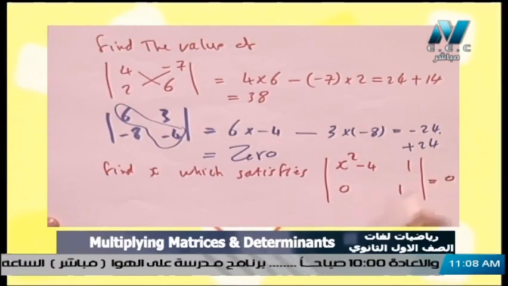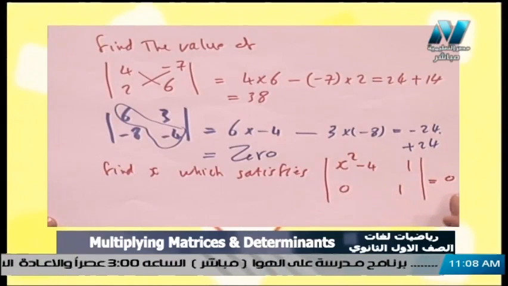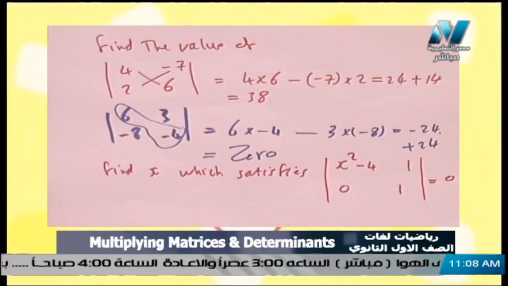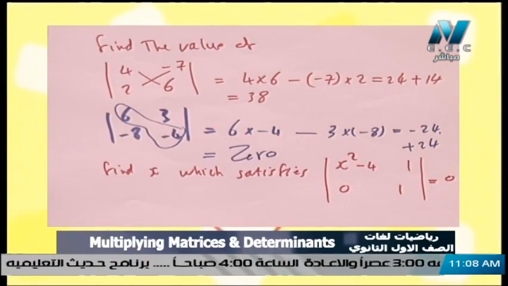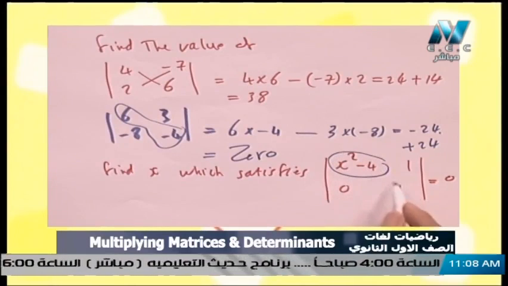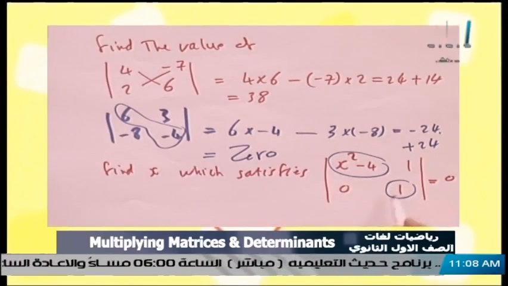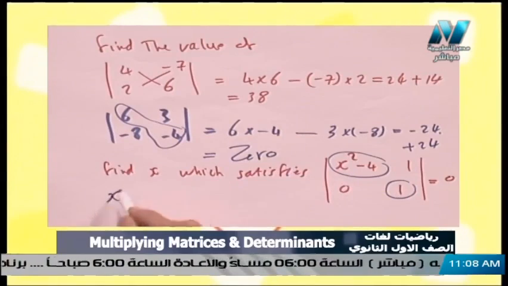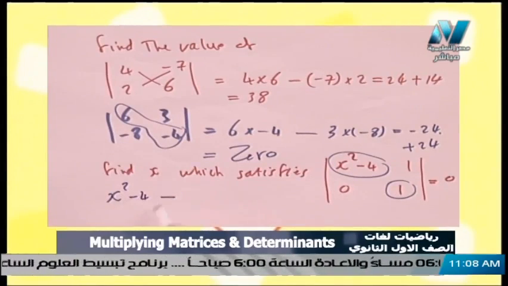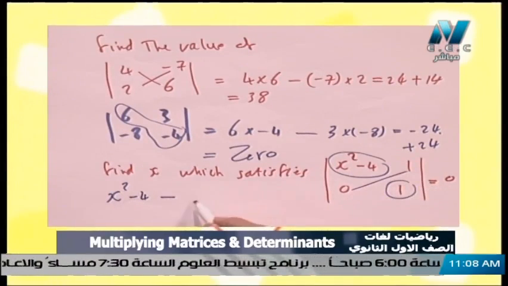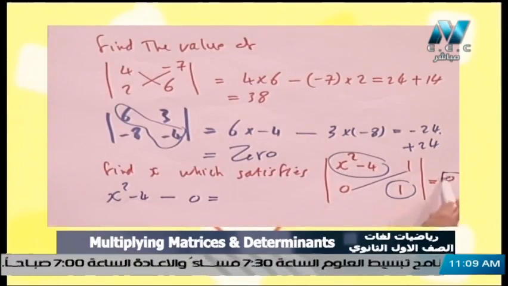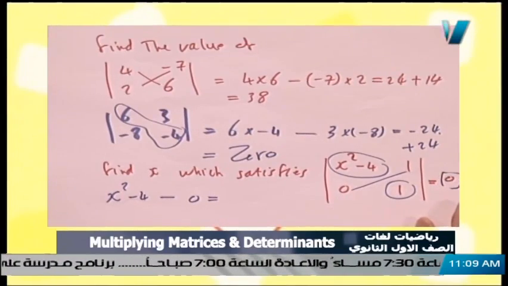This determinant equals 0. We have the value of this determinant equals 0, so we'll use the definition. If we multiply x power 2 minus 4 by 1, it will be x power 2 minus 4, minus 0 times 1 equals 0, and the answer will be 0 as he said.